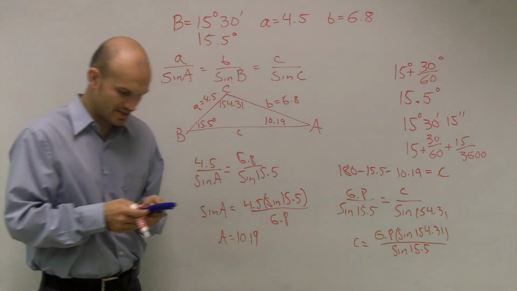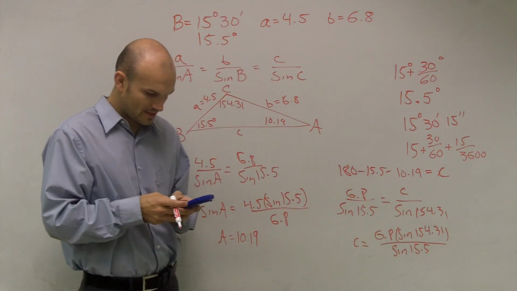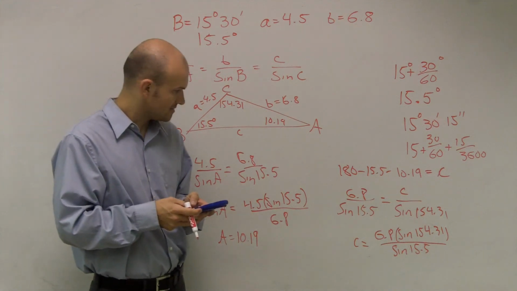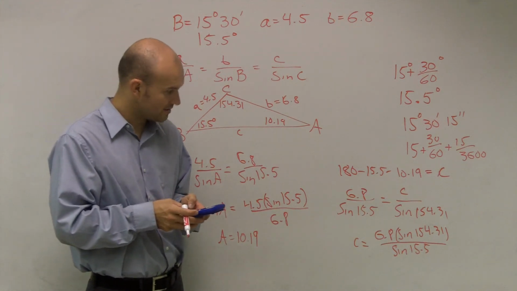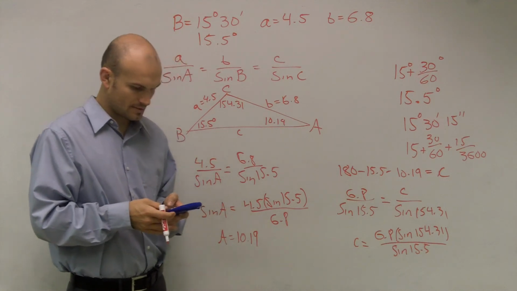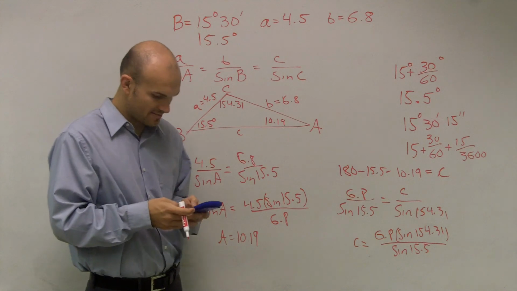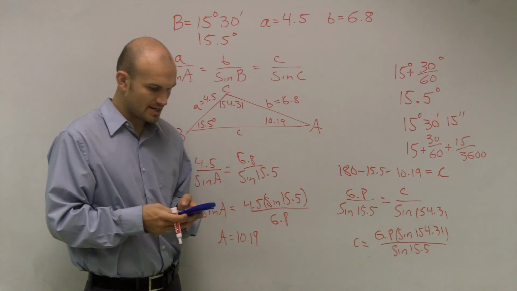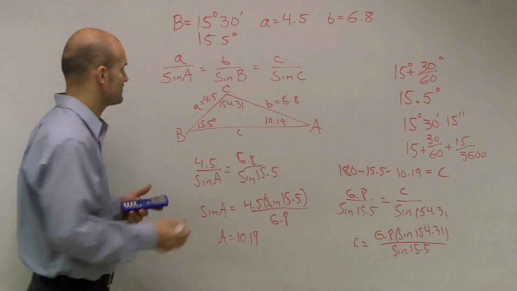Sorry, my handwriting's really bad when I get down that low, but let's multiply this: 6.8 times the sine of 154.31, and then divide that by sine of 15.5. And I get 11.03.